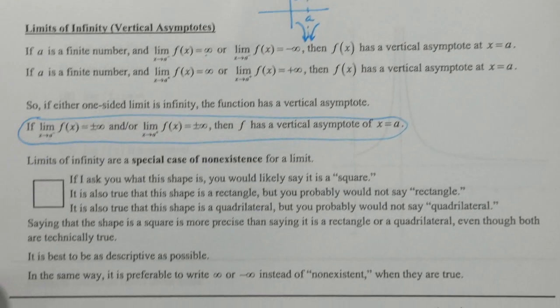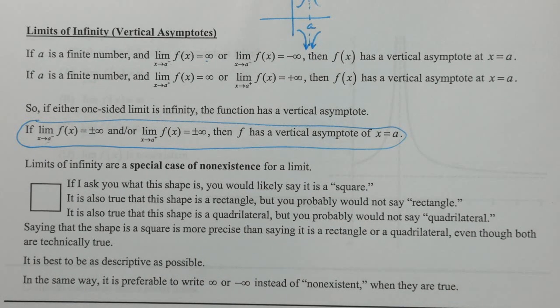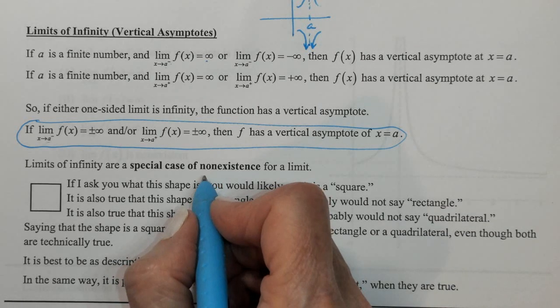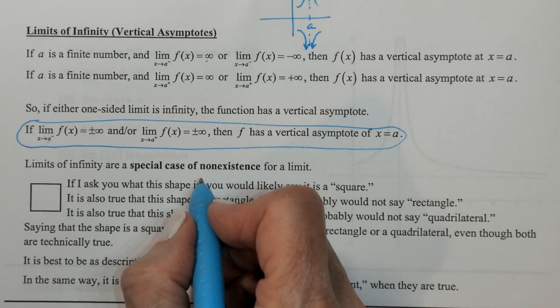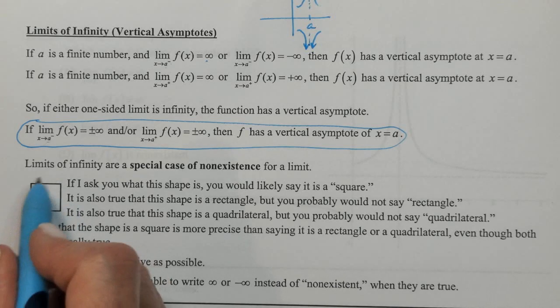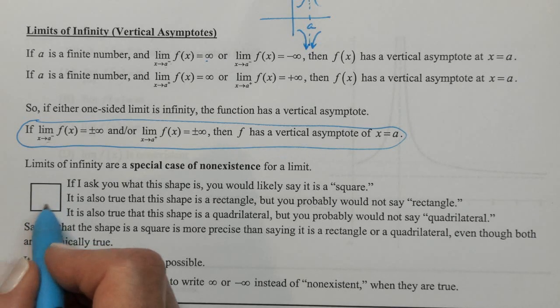All right. Limits of infinity. When you get infinity for the answer, it is a special case of a non-existence for a limit. A DNE. Okay, it's just a special case of it. If I asked you what the shape is, you would probably say it's a square. But it is also true that this is a rectangle, but you probably wouldn't say that.